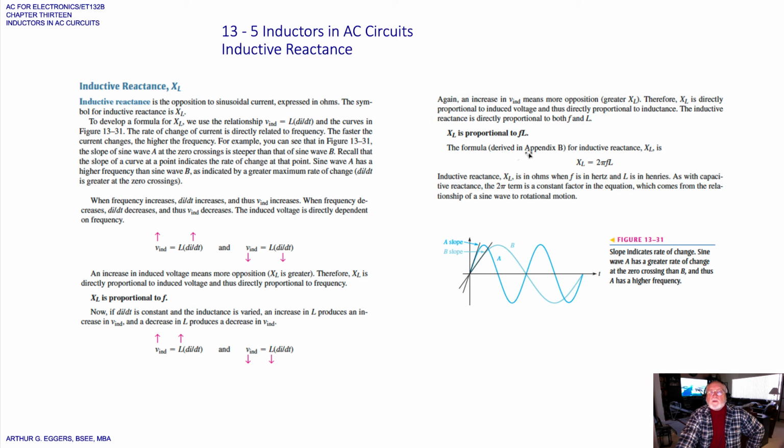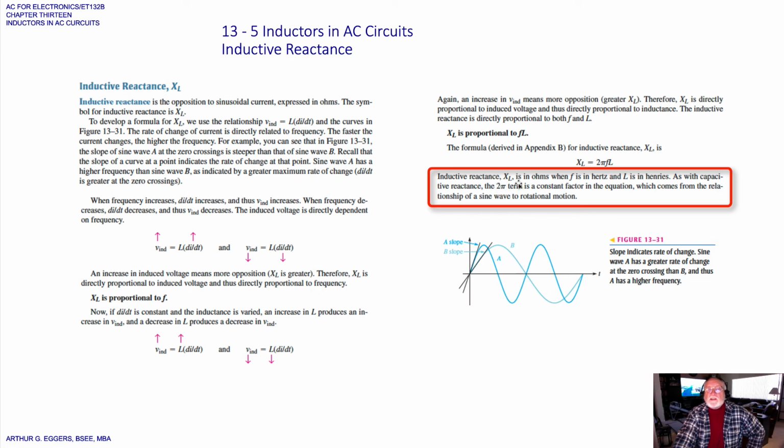The formula derived in Appendix B for inductive reactance is, and now here's our handy dandy formula, X sub L equals 2 pi F L. Remember, we had the one for X sub C, 1 over 2 pi F C for capacitance. Now for inductance, we have no inverse proportionality. Inductive reactance, X sub L, is in ohms when the frequency is in hertz and the inductance is in henries.